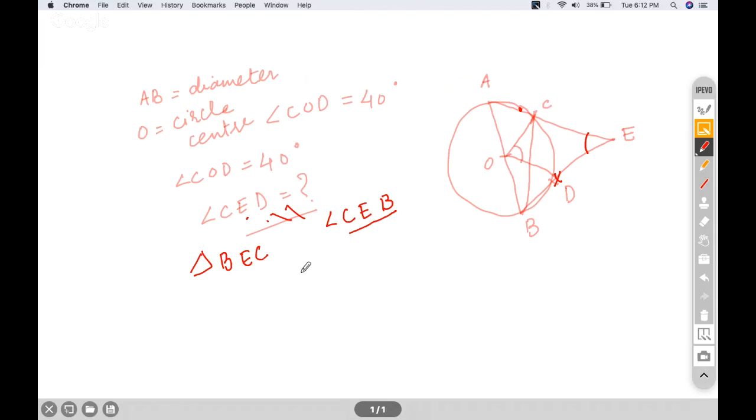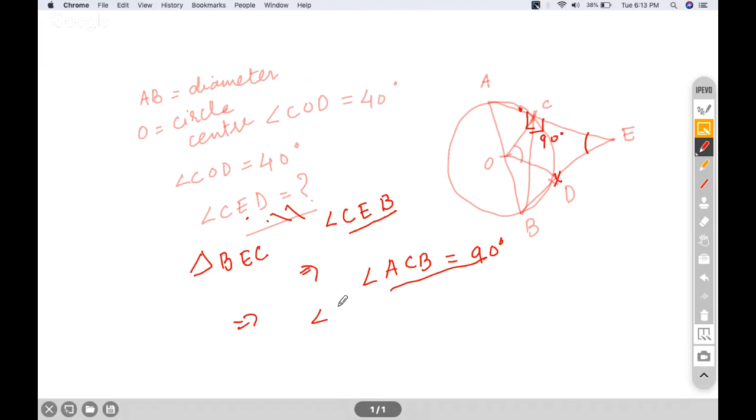So you look here, this angle ACB is equal to 90 degrees. Why? Because in a semicircle, the diameter forms a 90-degree angle. So the angle ACB is 90 degrees. On the other side, this angle will also be 90 degrees.